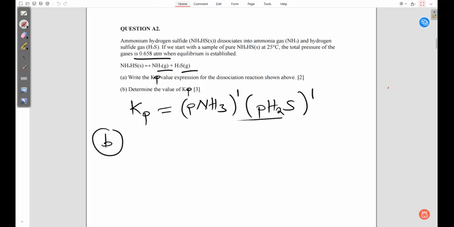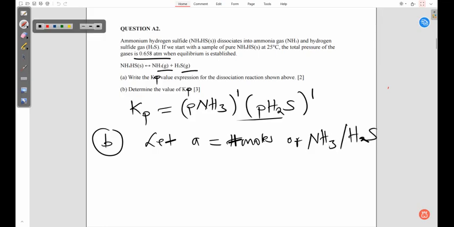So how do we determine the value of the Kp? Given that the total pressure is equal to that, we can come up with an equation where I would say let A be equal to the number of moles of ammonia or hydrogen sulfide.